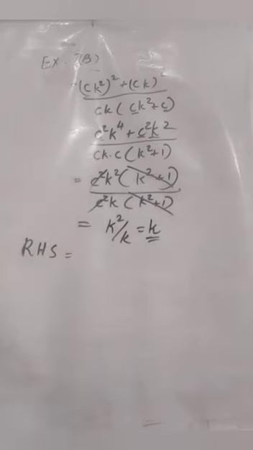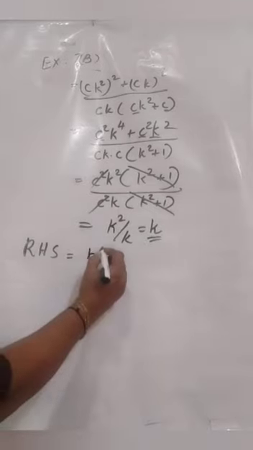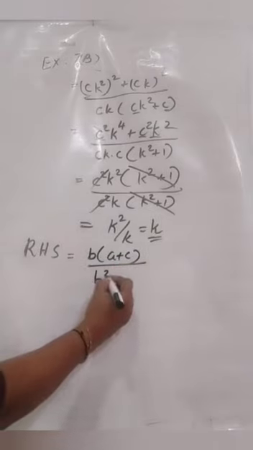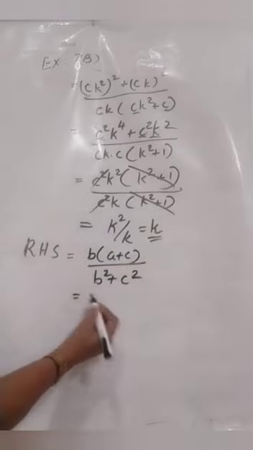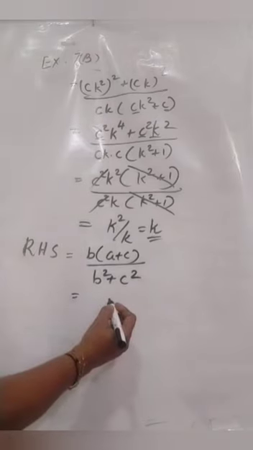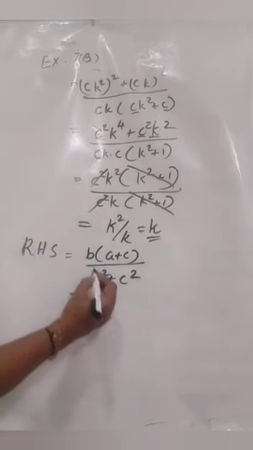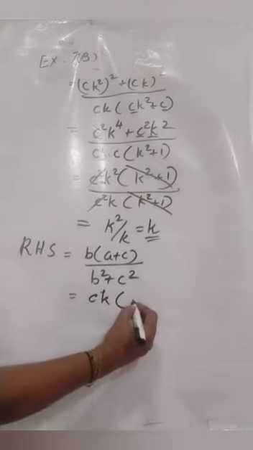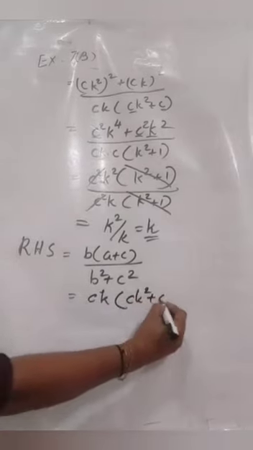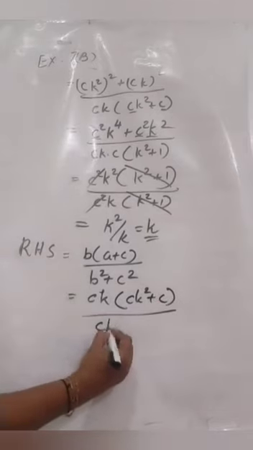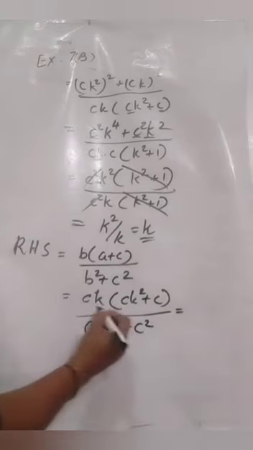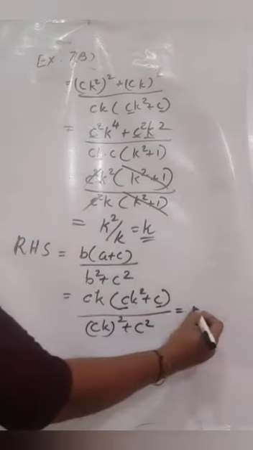Similarly, we simplify RHS. What is RHS? B into A plus C by B square plus C square. Substitute the value of B and A. B is CK into A is CK square plus C by CK the whole square plus C square. Now take the common factor C outside.